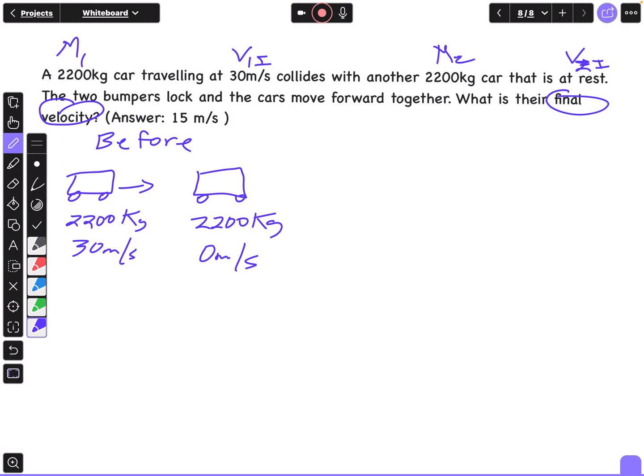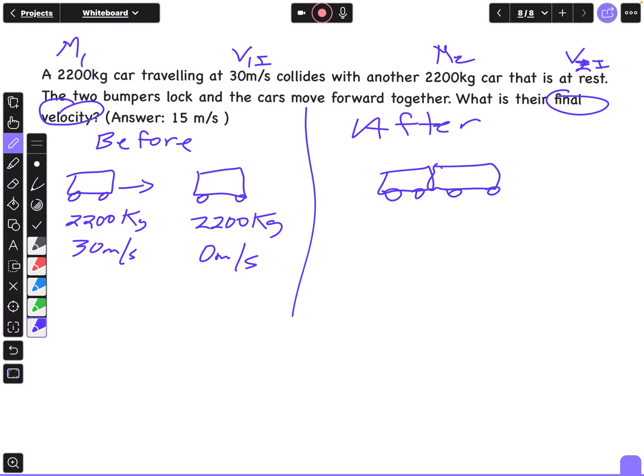This is after the collision. These two objects are going to lock together and move off at the same final velocity. And I know that their masses, this is 2,200 and this is 2,200, and they're moving off with the same final velocity, which is what I'm looking for.